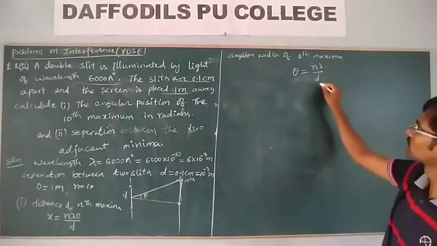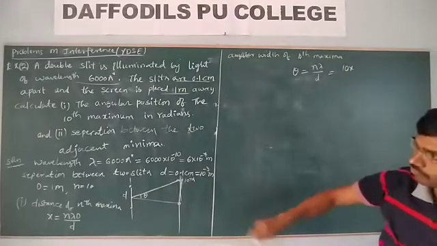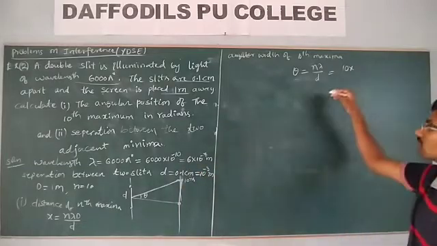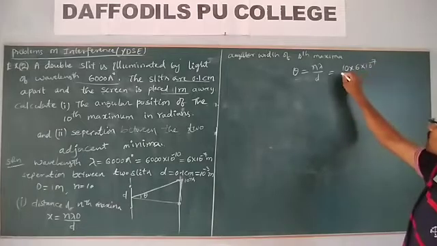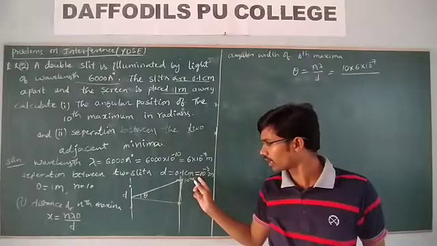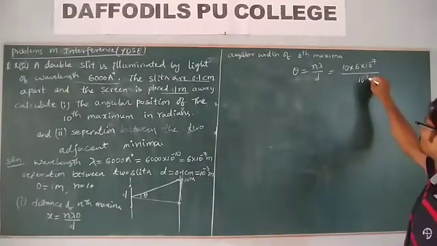Now substitute the values here. n is 10, wavelength is 6 into 10 power minus 7 meter, divided by small d, which is 10 power minus 3 meter.